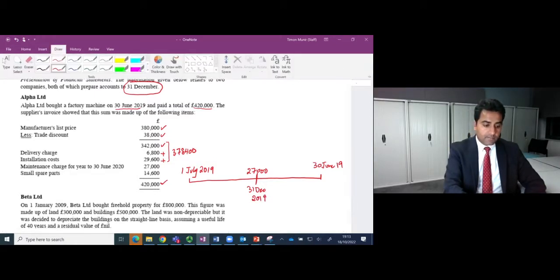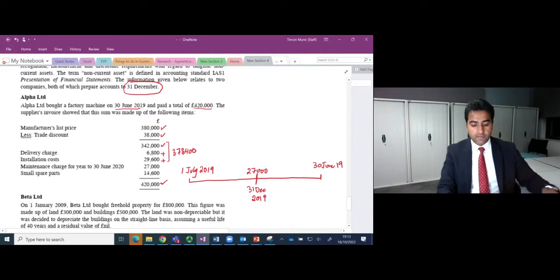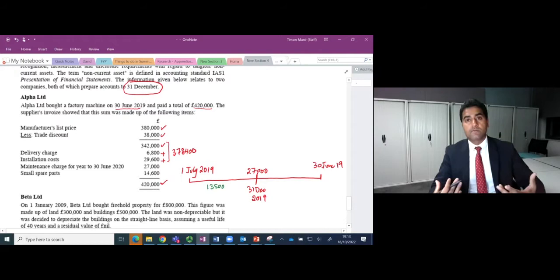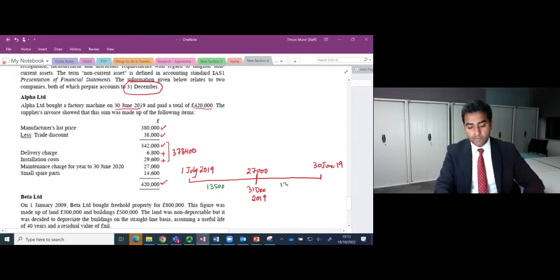This shows that half of the cost of £27,000, which is 13,500, has been consumed by Alpha Limited, and the remaining £13,500 has not been consumed yet.